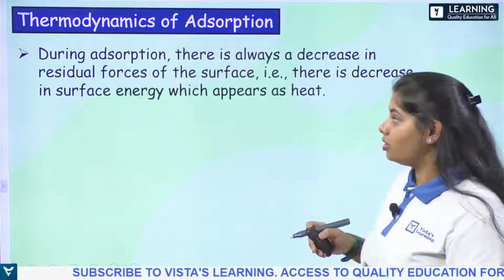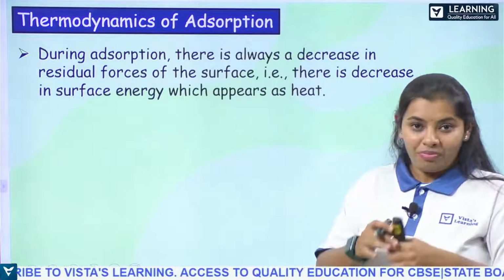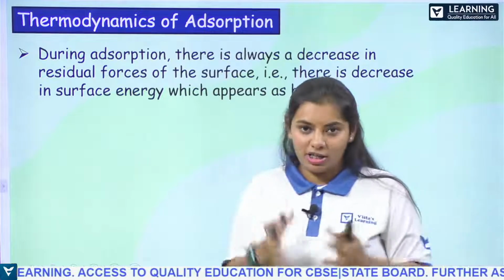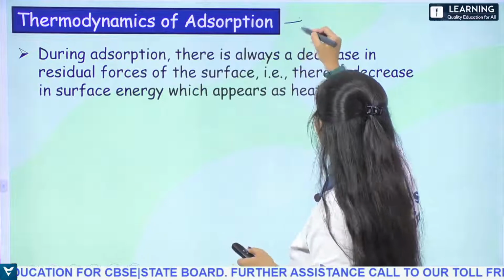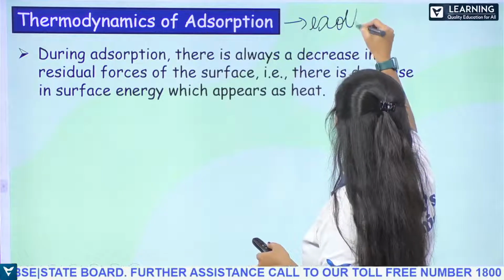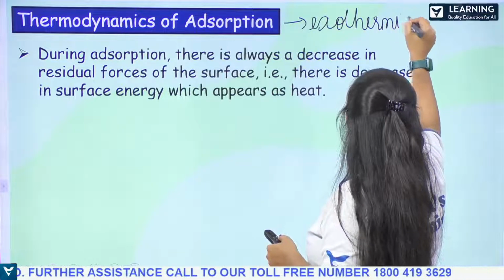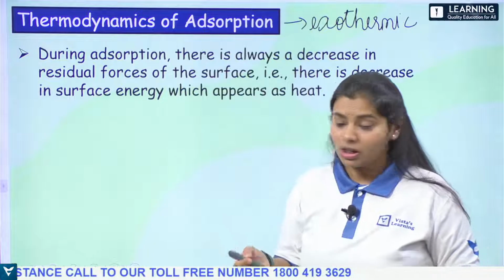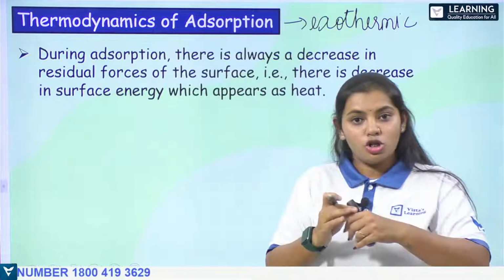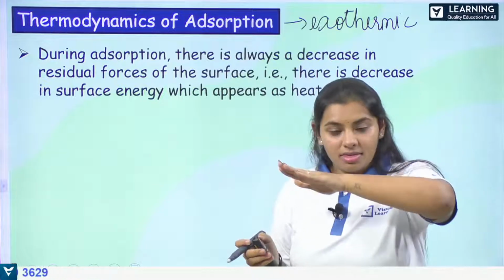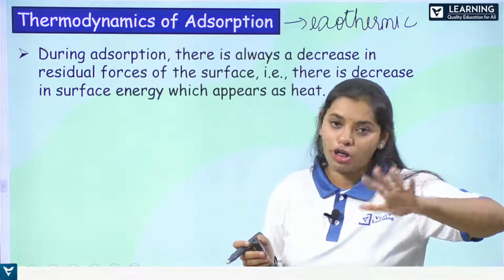Now we'll get into the thermodynamics of adsorption. I told you a certain amount of heat is being released, right? So it is basically an exothermic process. During adsorption, there is always a decrease in the residual forces. When adsorption takes place, the surface energy is occupied, right?